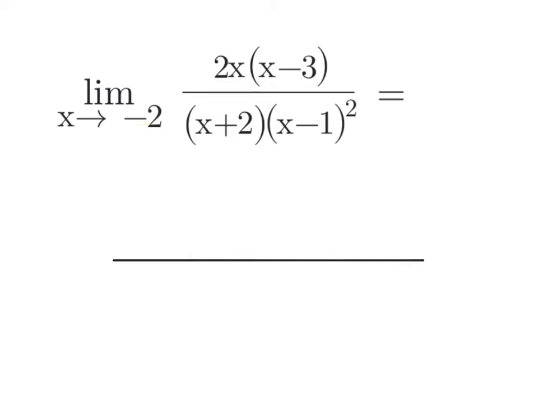When we're creating our sign chart, from the numerator, I see we have two important numbers, 0 and 3. Since they're in the numerator, they're going to make the fraction equal to 0. In the denominator, we have two important numbers of negative 2 and positive 1. Those are both in the denominator, so they'll give us asymptotes.